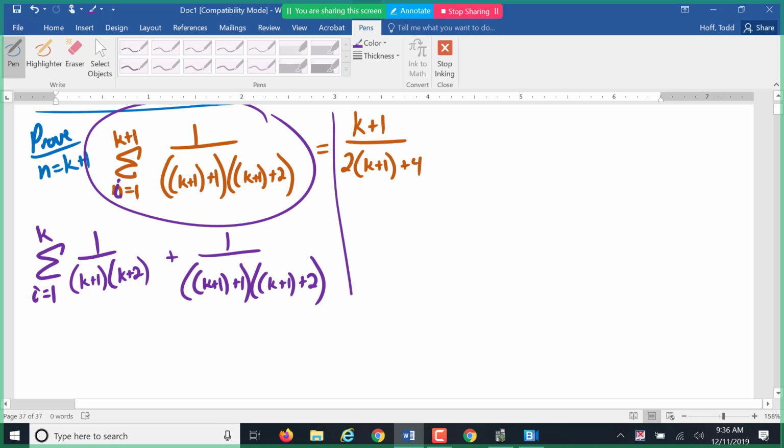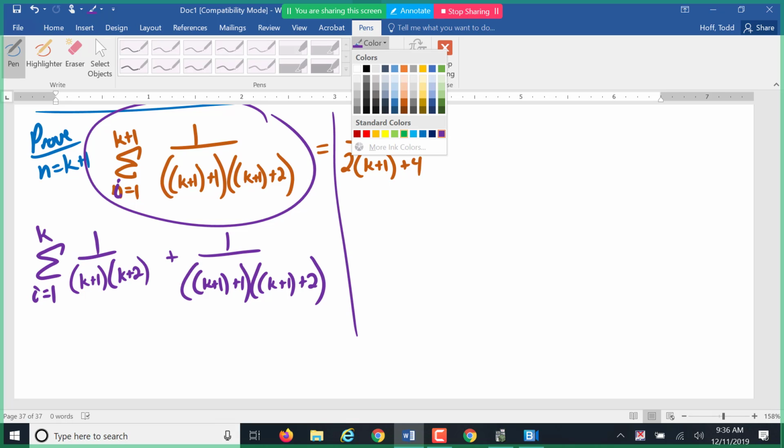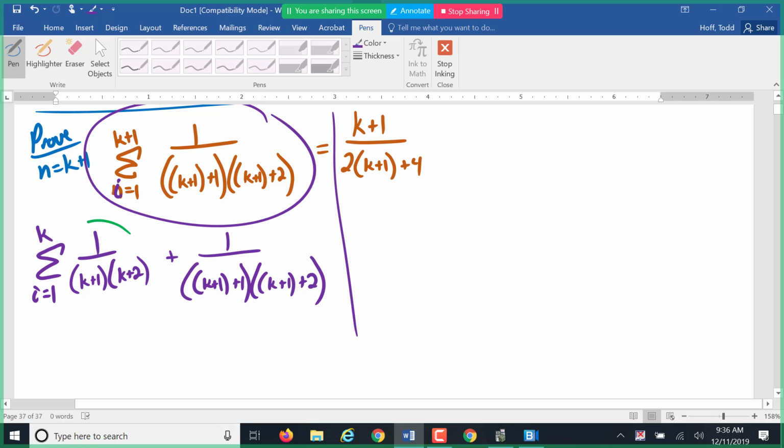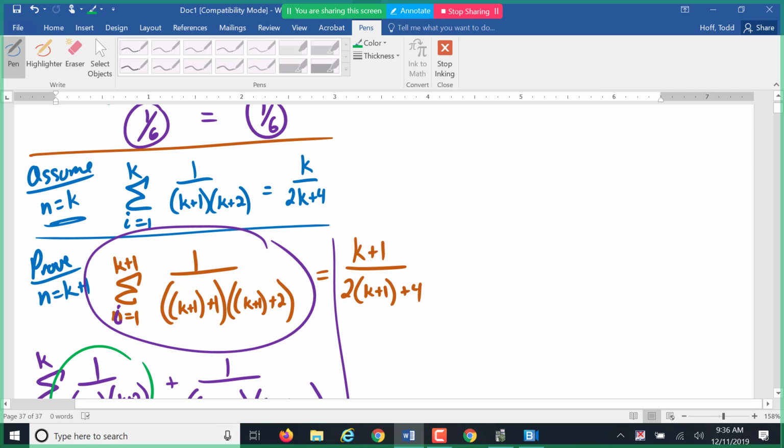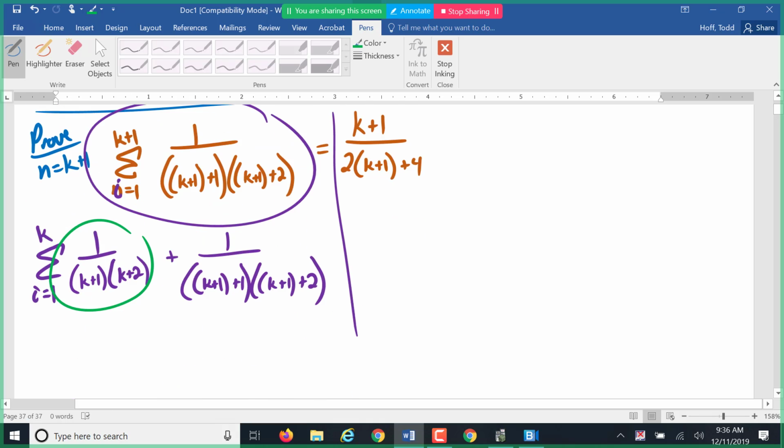So let's do the algebra on that side first. We can replace this with that assumption from up above, not that one, but this one from up here, k over 2k plus 4.